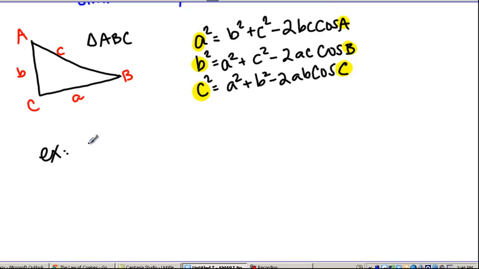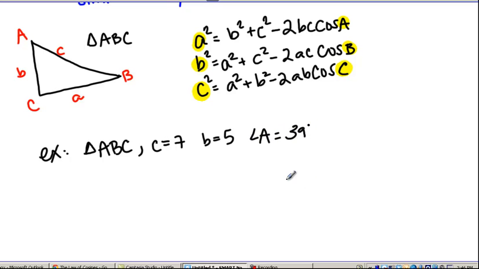In triangle ABC, c is equal to 7, b is equal to 5, and angle A is 39 degrees. Find side a.